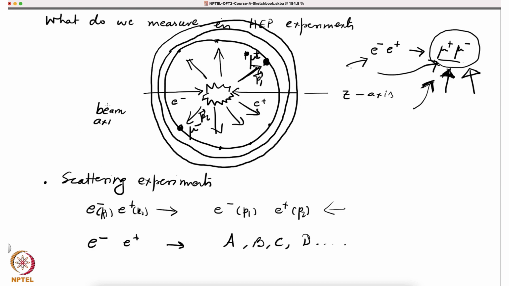And if they reach there in large numbers with large energy, they are just going to burn the detector. Okay. So, this part is just going to get damaged. So, once you have damaged it, you have to replace it, or just leave it like that because it does not do anything, or you simply do not put any detectors there to begin with. That will be a much smarter thing to do.